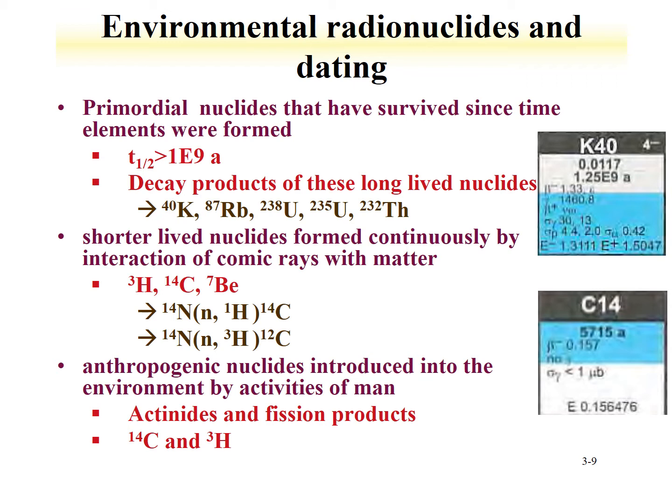But through nuclear reactions, neutrons hitting nitrogen-14 produce a proton and carbon-14. There's also a reaction for producing carbon-12, but this reaction, as you can imagine, requires a neutron with sufficient energy to knock out a proton.